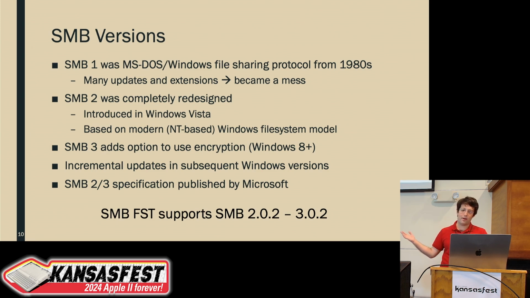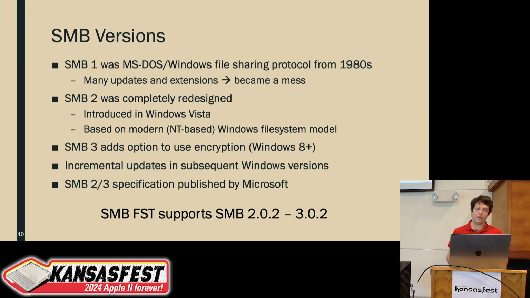Then with Windows 8, they added SMB3. The key new feature there is an option to use encryption for the SMB connection. It's not required, but it has that option. That's the main new feature, which is probably why they bumped the version number of the protocol. But apart from that, it's an incremental update of SMB2, not a whole new protocol like SMB2 was.